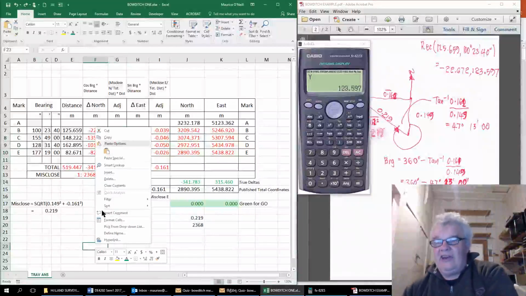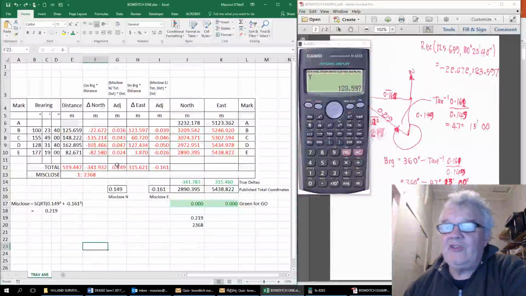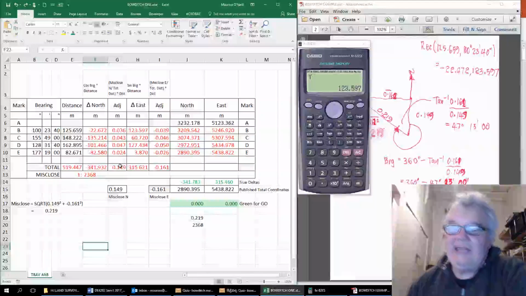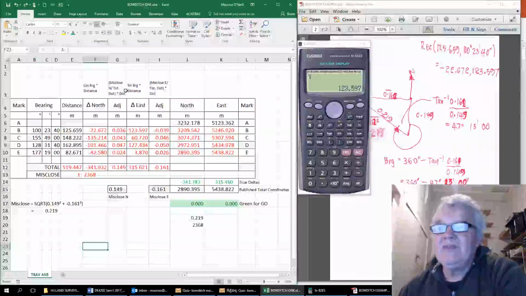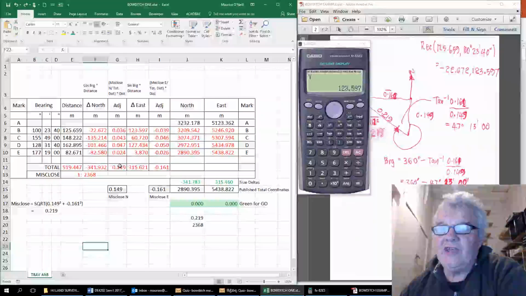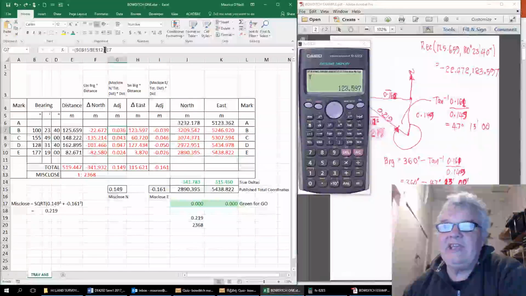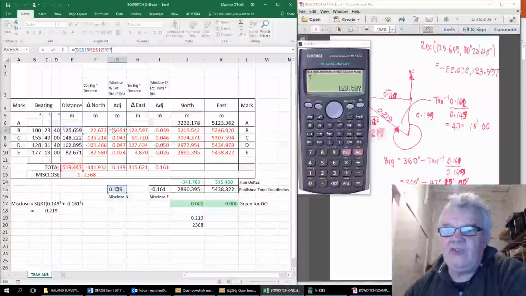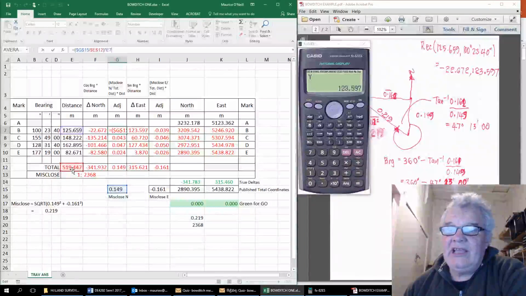All right, so now what we've got to do is the Bowditch adjustment, which is written here. The Bowditch adjustment is the misclose, which is this value here, divided by the total distance, which is this value over here, 149, and then multiplied by the distance for each one.